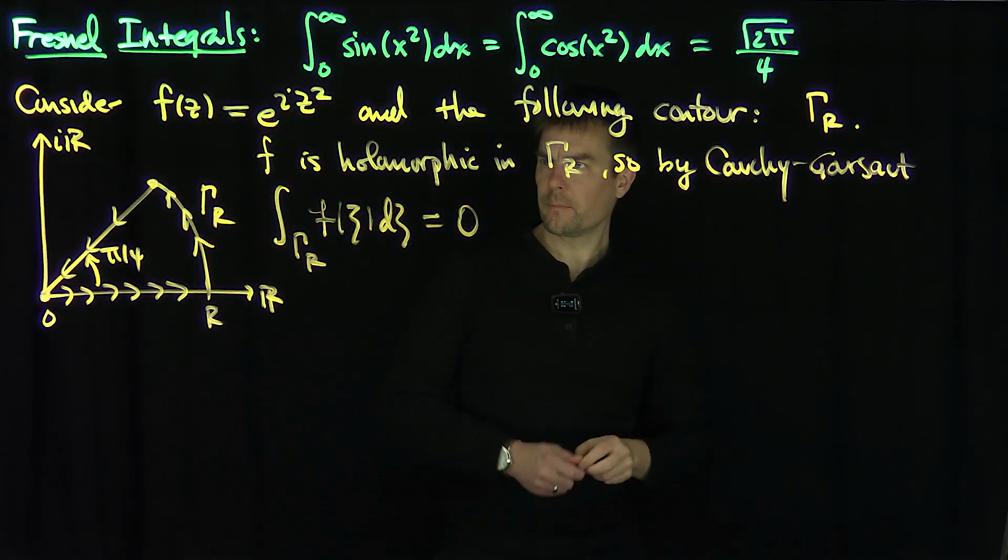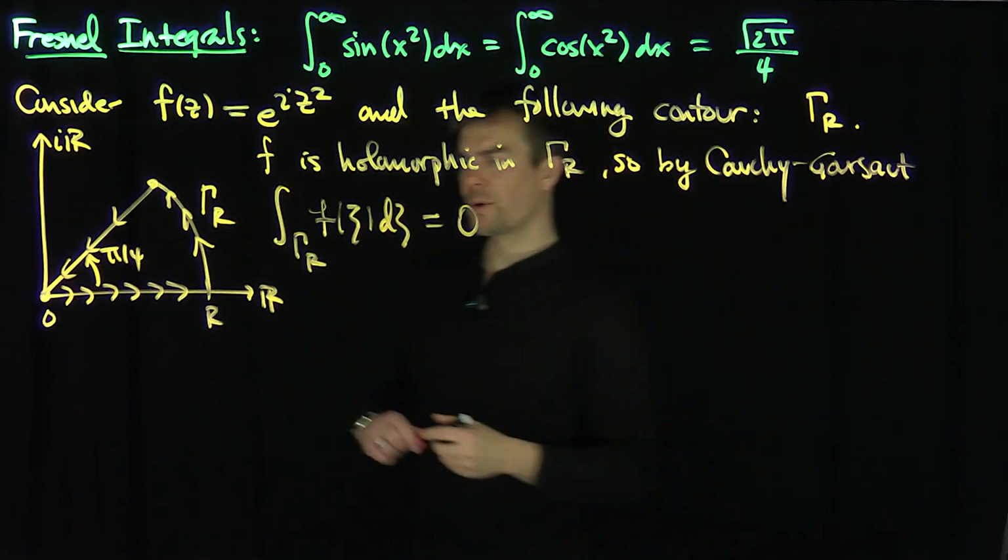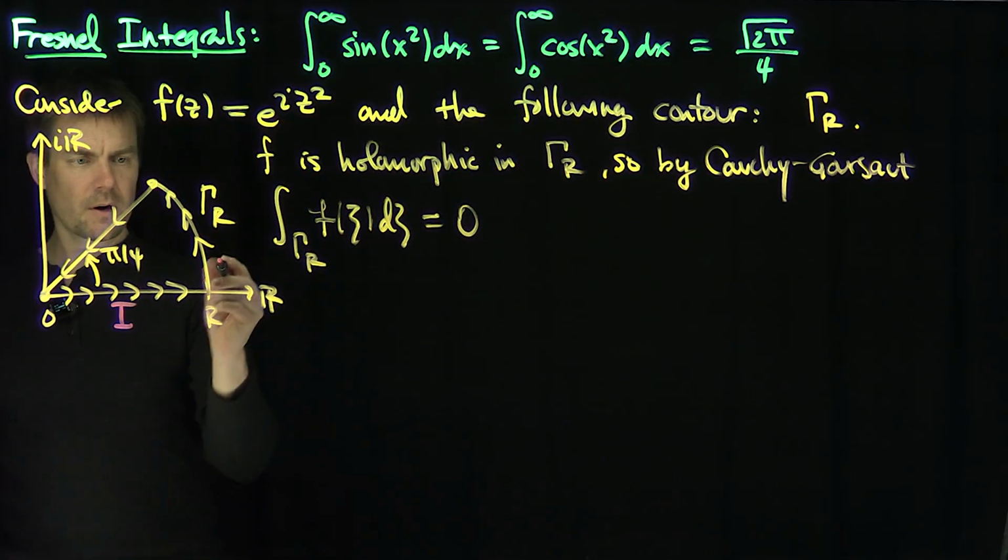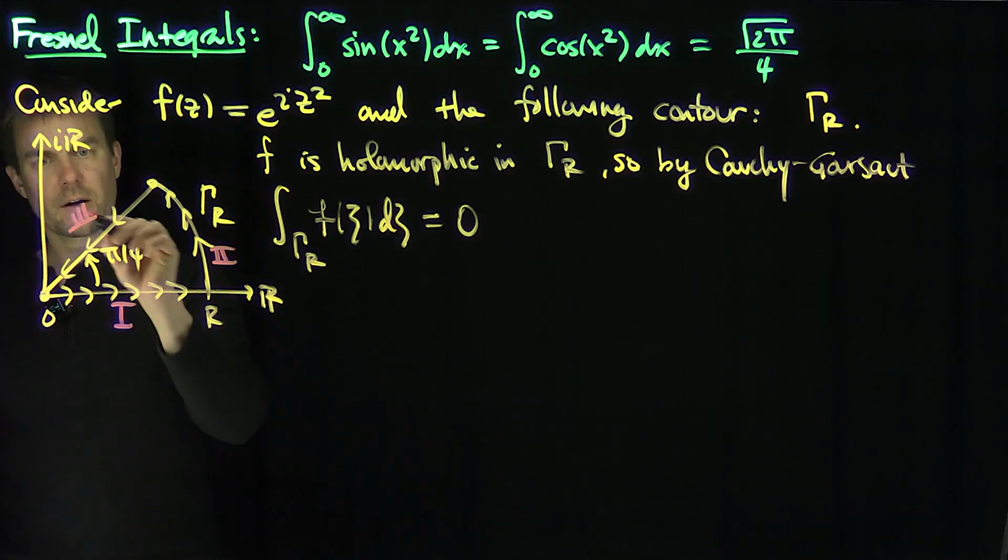Beautiful. Now, of course, this contour is really 3 curves: curve number 1 over here, curve number 2 over here, and curve number 3 over here.